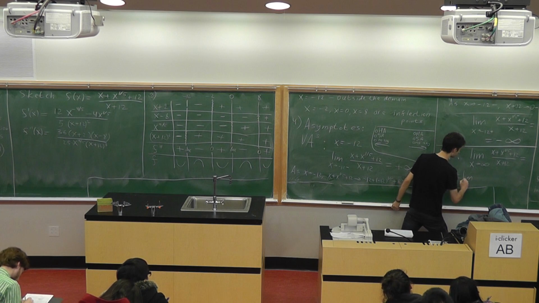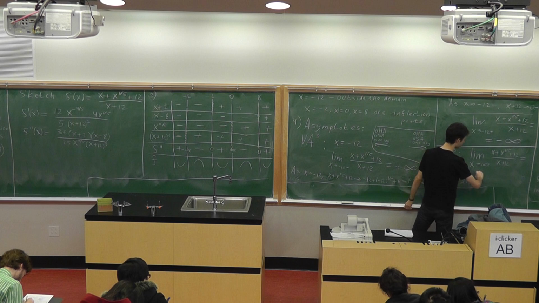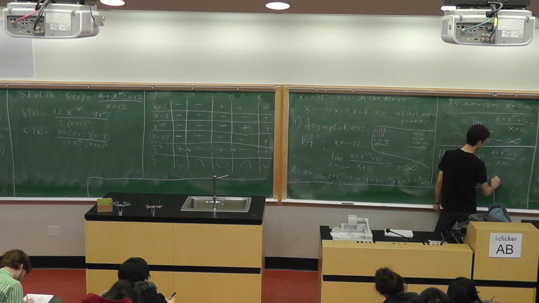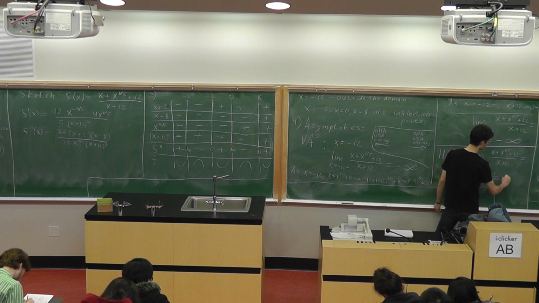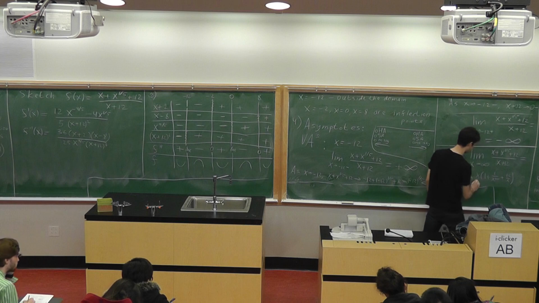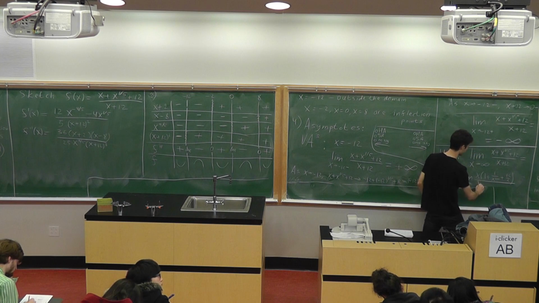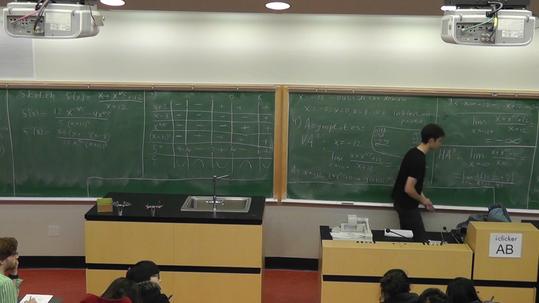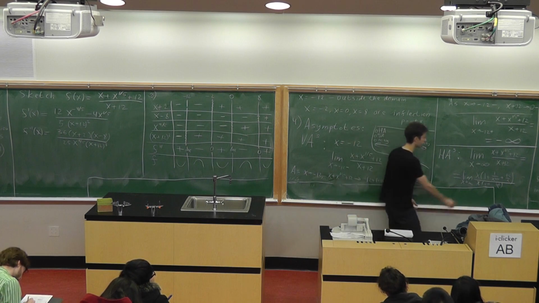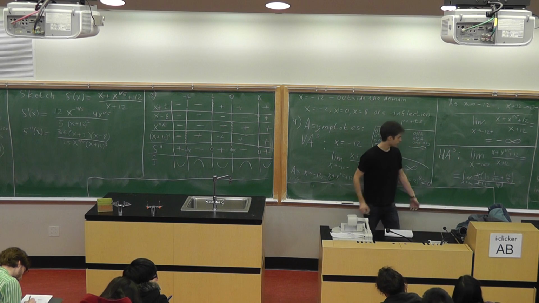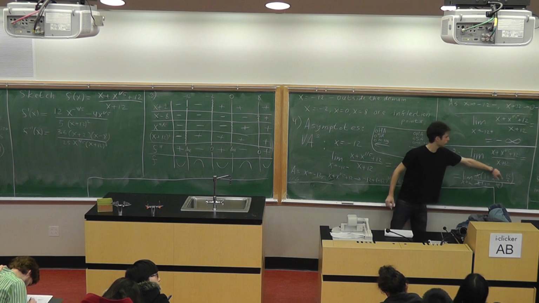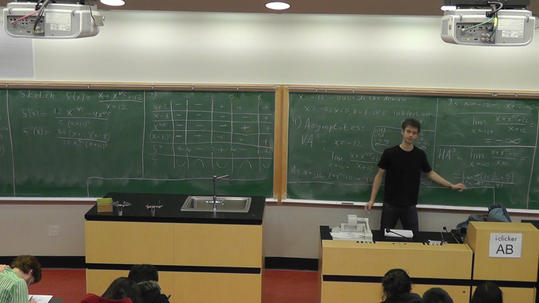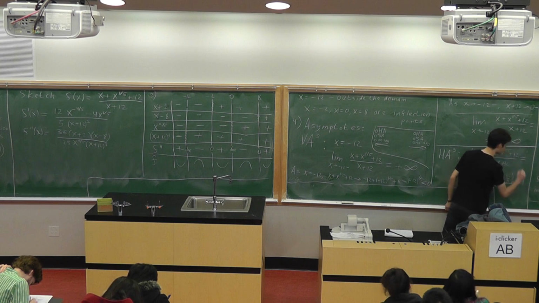So I rewrite it as the limit as x goes to infinity, the largest power is just x, of x times (1 plus 1 over x to the power 4/5, plus 12 over x), divided by x times (1 plus 12 over x). Now I can cancel out this x. And when x is large, this is small, this is small, this is small. The only important things are 1 and 1. So the quotient is 1.